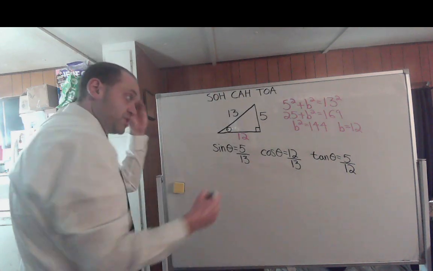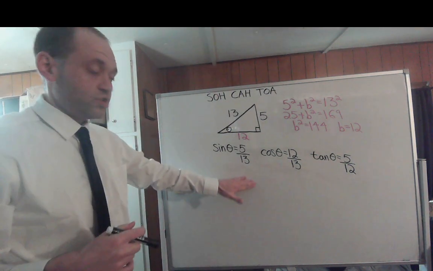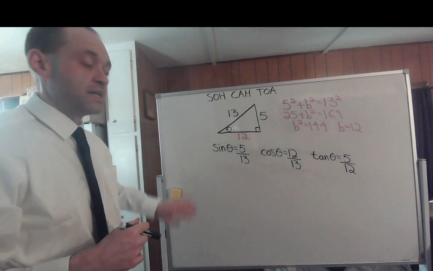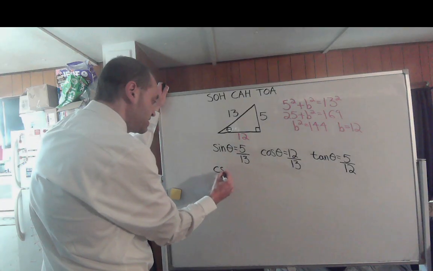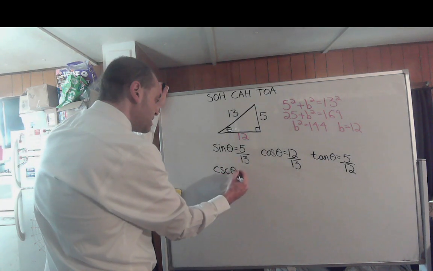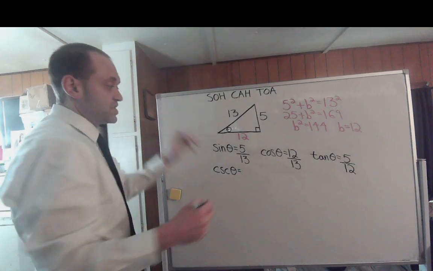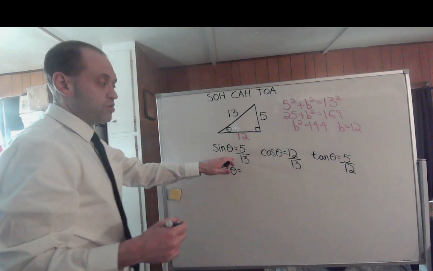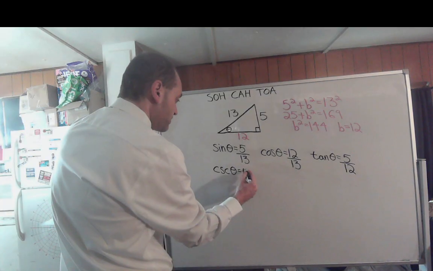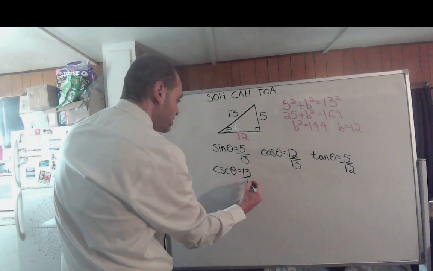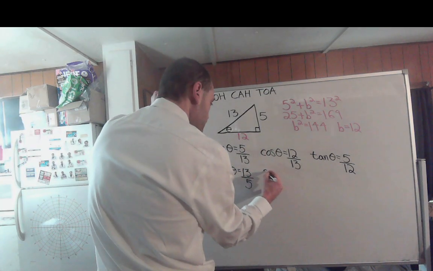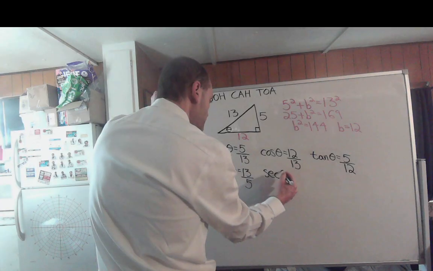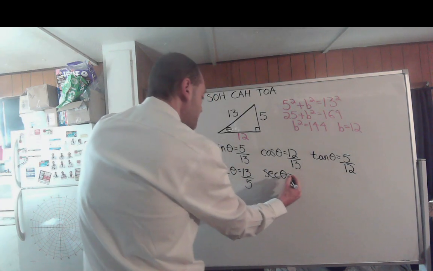Now from here, since we found our 3 foundational functions, you can find the 3 reciprocal functions quite easily. So the cosecant of theta is going to be the reciprocal of the sine. The reciprocal of 5/13 is, well, 13/5. So that would be your cosecant. The reciprocal of the cosine function is the secant function, so we can find the secant of theta.